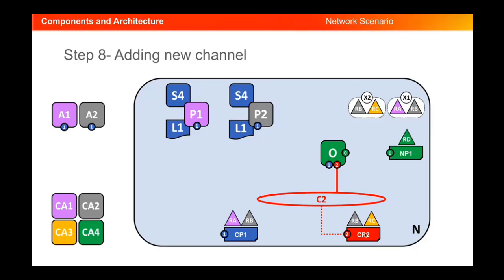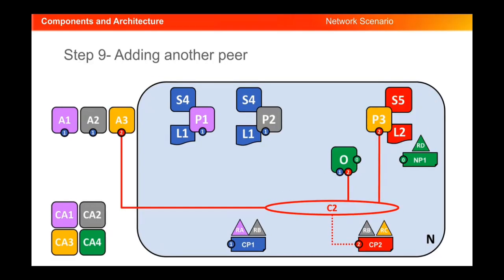And moving forward, organization B and organization C can bring in their peers, which can connect to C2, and they can also bring in applications that can connect to C2. That we will see in the next slide.